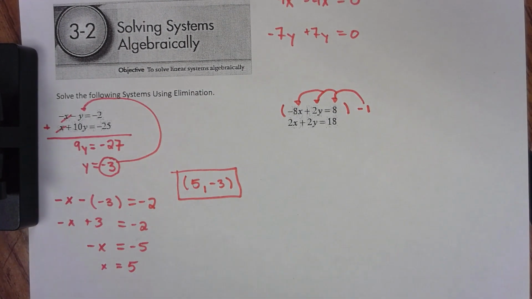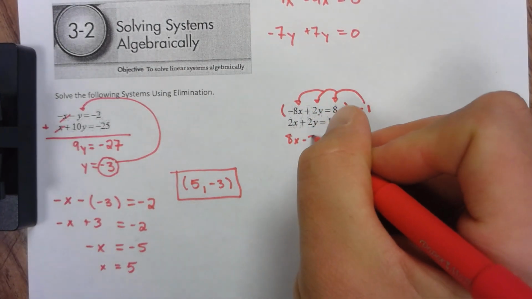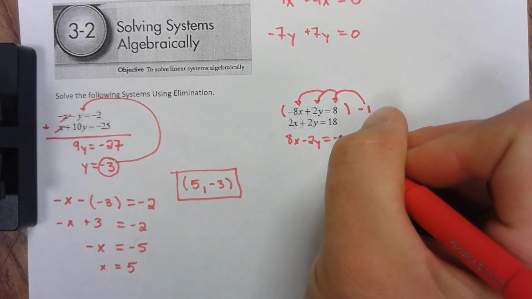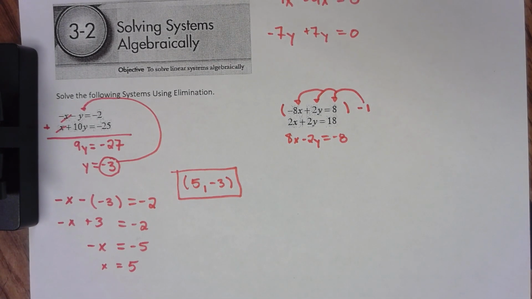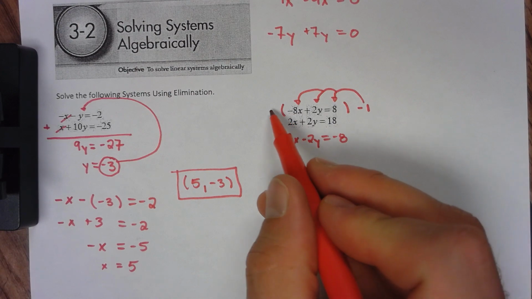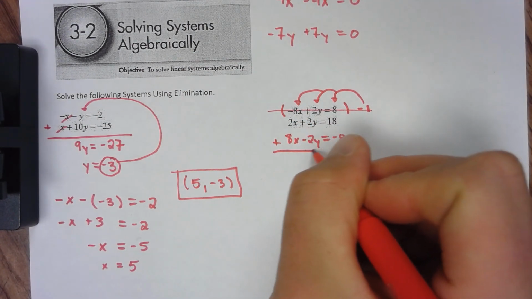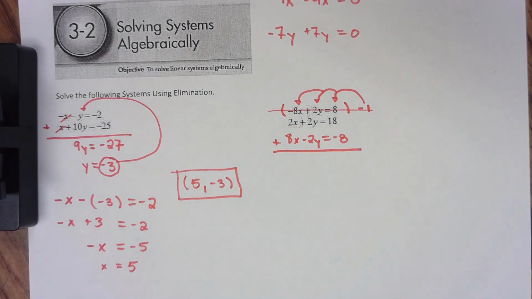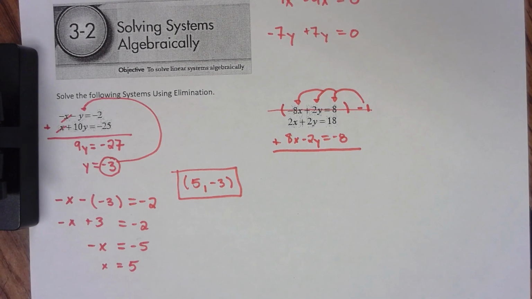So negative 1 times negative 8x is positive 8x, and minus 2y, and now it equals negative 8. At this point, I don't really care about that first equation anymore. I'm going to go ahead and add the original bottom equation and the equation I got from multiplying by negative 1.